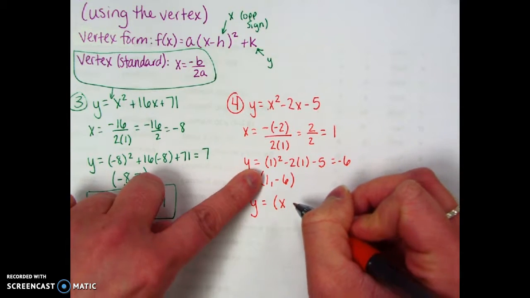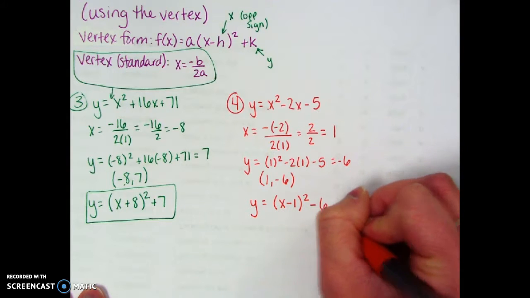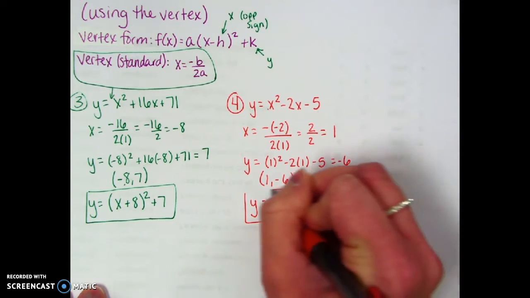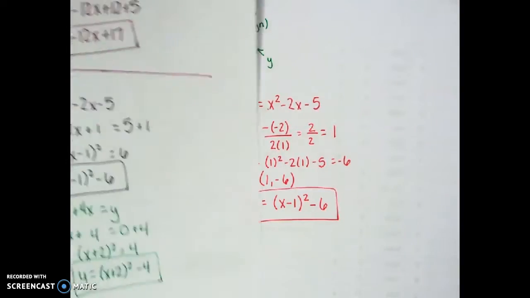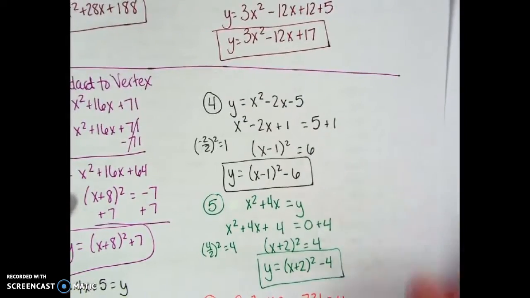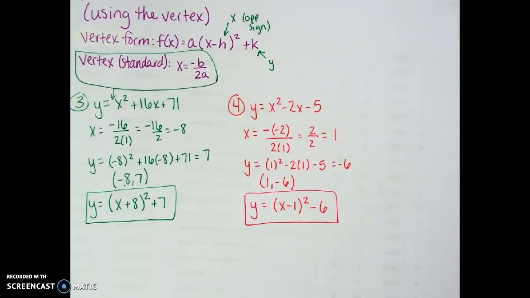X, this is a positive 1, so now it's minus 1, squared minus 6. Whatever sign is with the y comes with it. Okay, hopefully that wasn't too bad. Now, I will say in the notes yesterday, we did shorten it up on the second one. So if you look at number 4 here, we did shorten it up a little bit by skipping some steps, but we got the same answer.